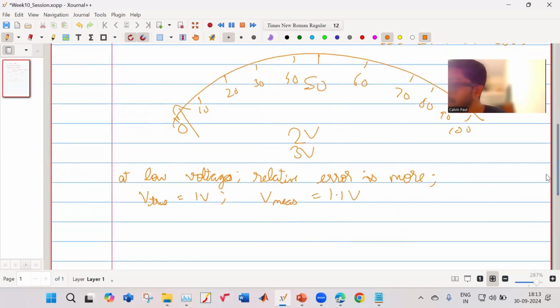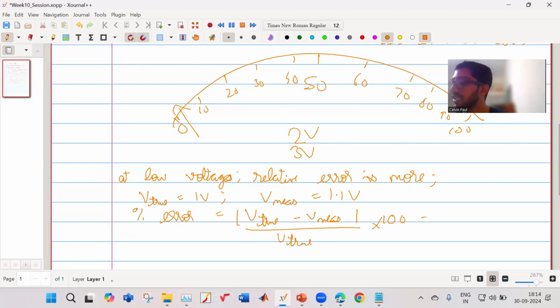That error is because the instrument is not properly calibrated, or some other issue. So my error will be the absolute value of V true minus V measure, upon V true, into 100. That comes out to be 0.1 upon 1 into 100, which is 10%. That is a very large amount of error we are seeing.